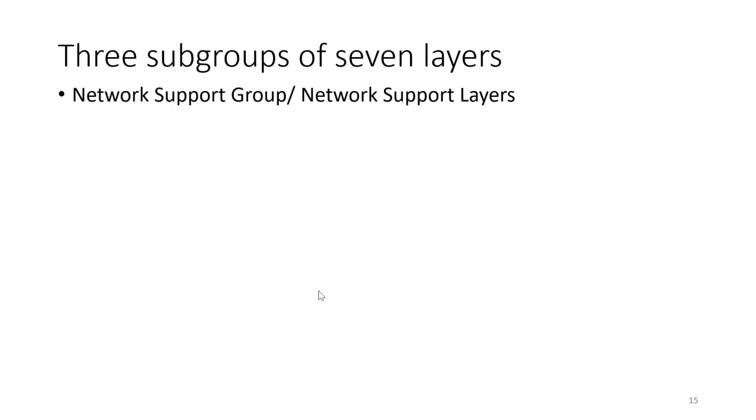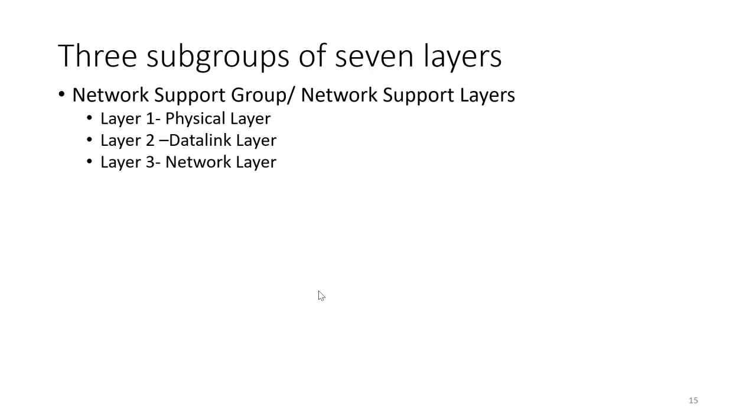So as far as the 7 layers in vertical communication are concerned, these 7 layers are divided into 3 subgroups. First group is known as network support group, or these layers are known as network support layers. It comprises layer number 1, that is physical layer, layer 2 data link layer, layer 3 network layer, and these network support layers are a combination of software and hardware.